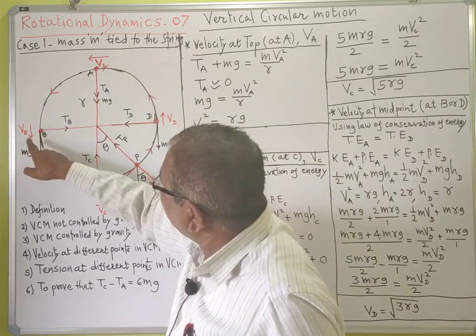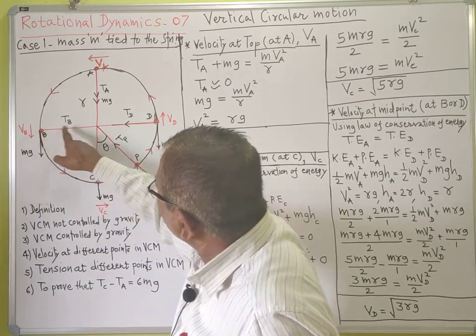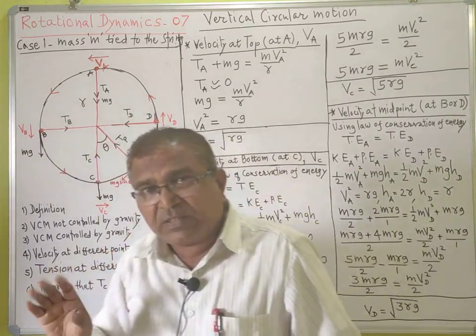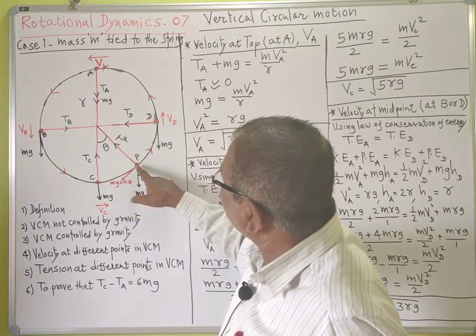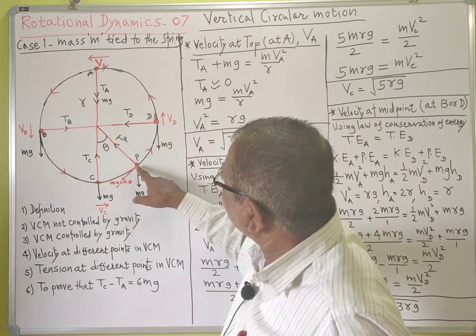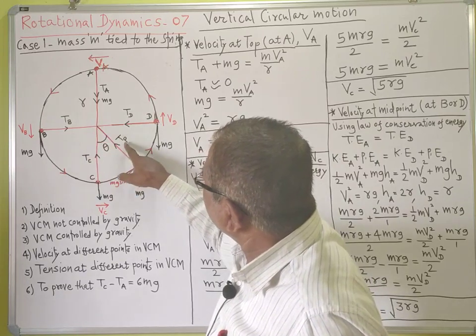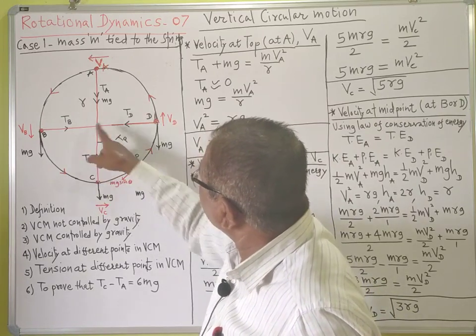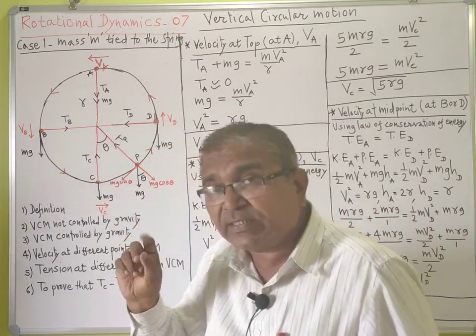When the particle is at point B, the tension is Tb, directed towards the center. In each and every condition, take an arbitrary point, any position. Suppose arbitrary point P here, the tension is Tp, always towards the center.